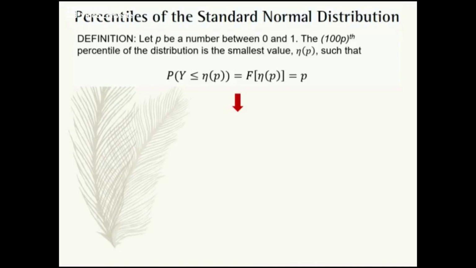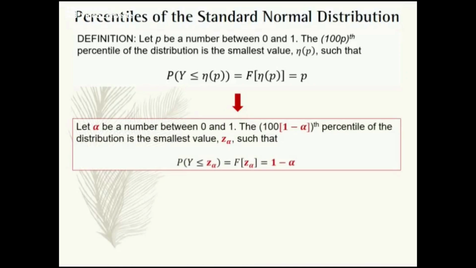Now, a little bit more formally, we can rephrase that definition of a percentile like so. If alpha is a number between 0 and 1, as it should be, then the 100 times 1 minus alpha-th percentile of a distribution is that smallest value, Z alpha, such that the area to the left is 1 minus alpha.